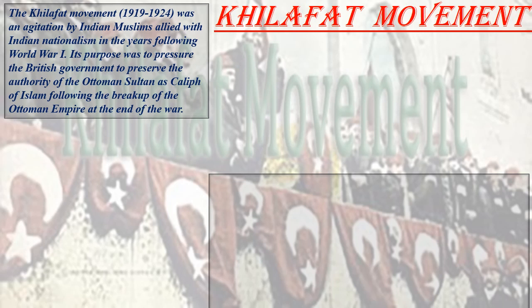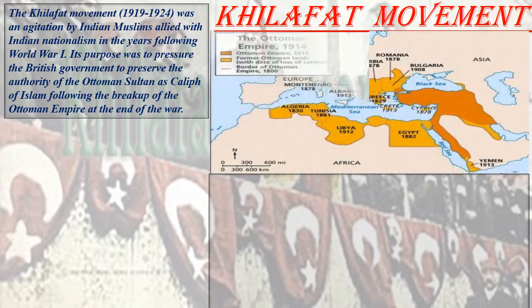The Sultan of Turkey was regarded as a caliph or the religious head of the Muslims. Most of the Muslim sacred places were located within the Turkish Empire. In the First World War, Britain was fighting against Turkey. This led to a wave of indignation among the Indian Muslims.